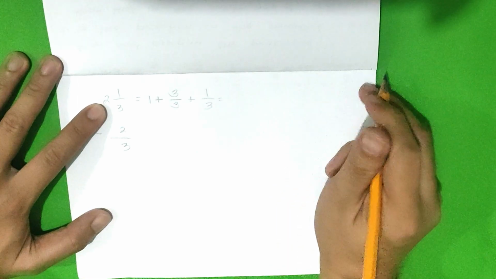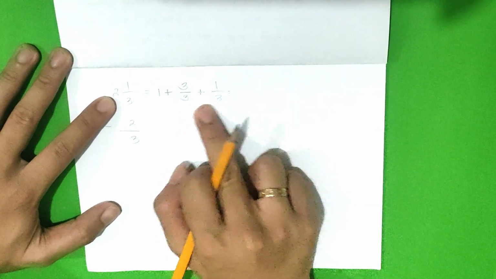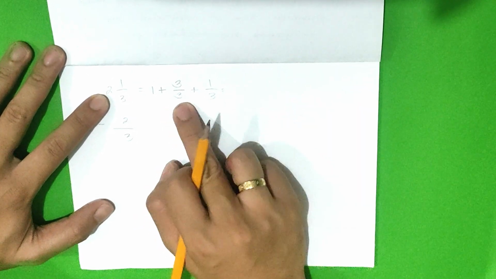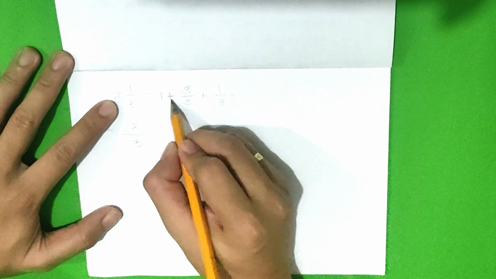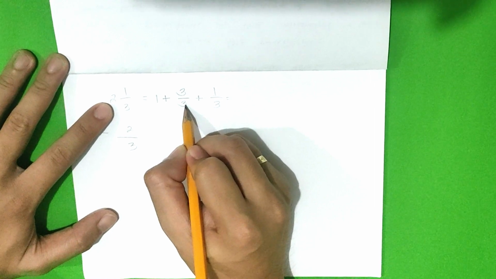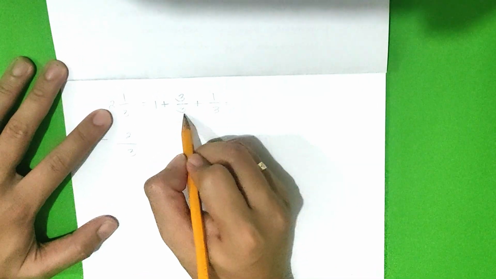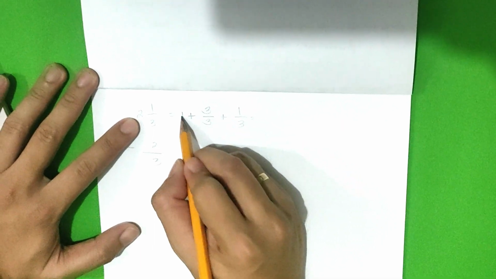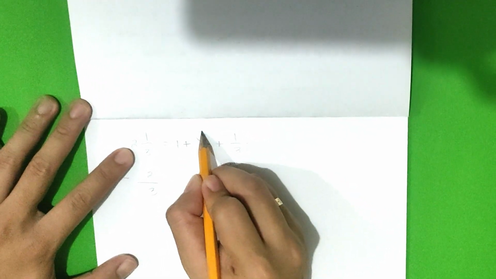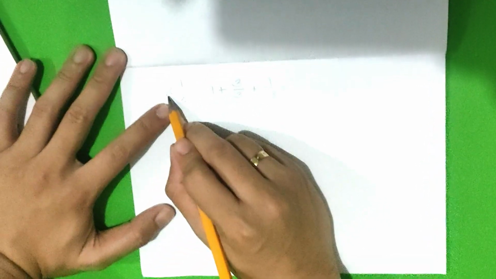And we can now move on to addition of the similar fractions. So 1 plus 3/3? Because 3/3 is equivalent to 1. 1 plus 1 is equal to 2.